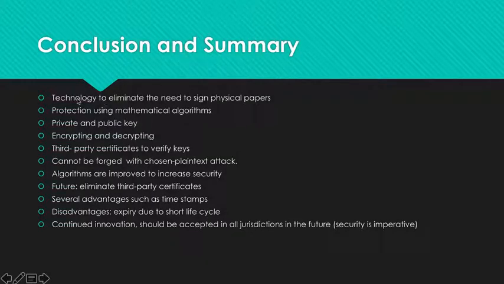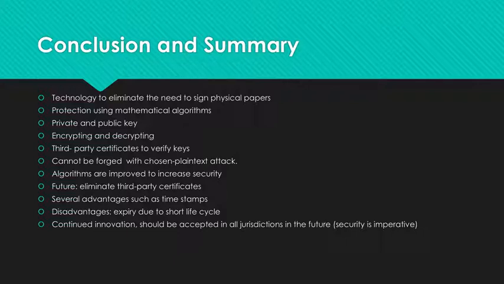So in conclusion, and what we went through briefly, digital signatures were introduced as a way of eliminating the need to sign physical papers, as they make digital files authentic. There was a need to protect the documents used online using mathematical algorithms. Digital signatures function by using some form of mathematical functions whose solutions are private and public keys.